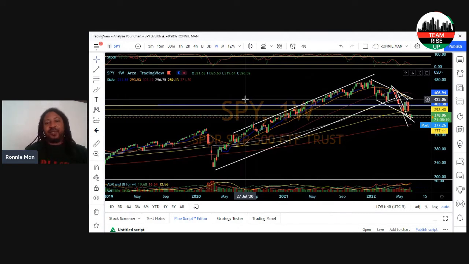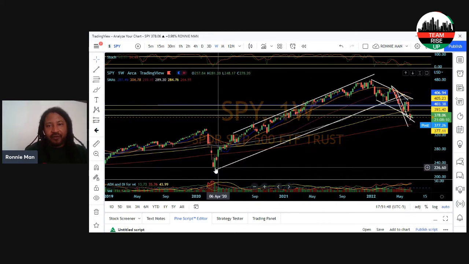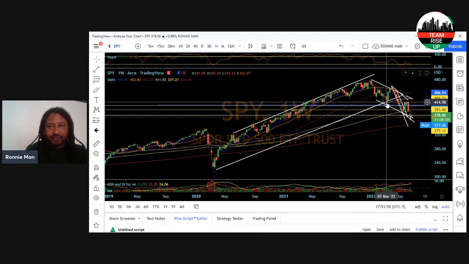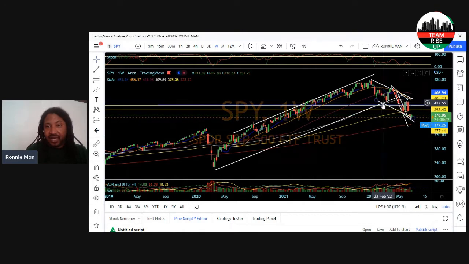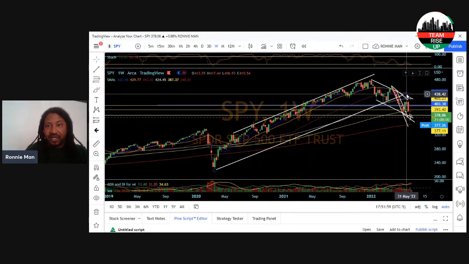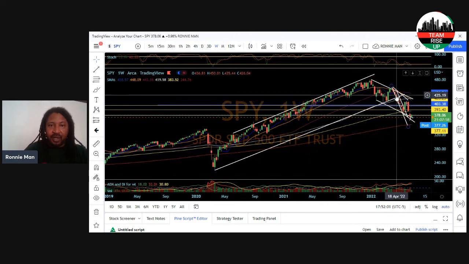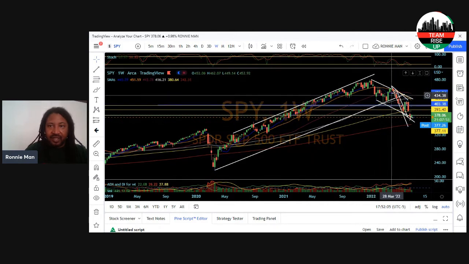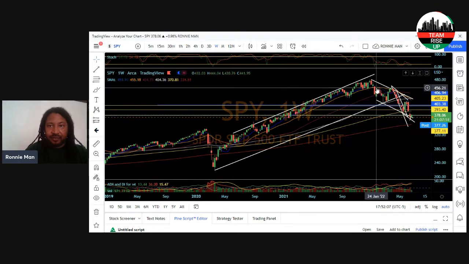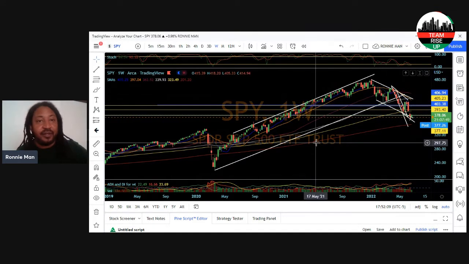Right now, so what you want to do is you mark your channels up by going from these low points, and like I said, they say 3 touches. I say 2 because once this got right here, you could have moved the channel right here to this first line. That's when I drew it, and everything traded within that channel.